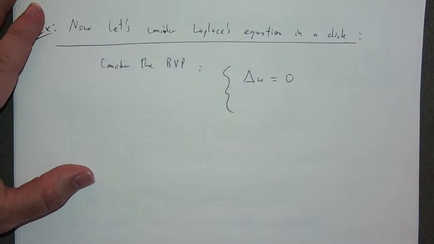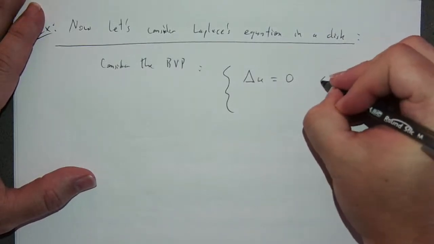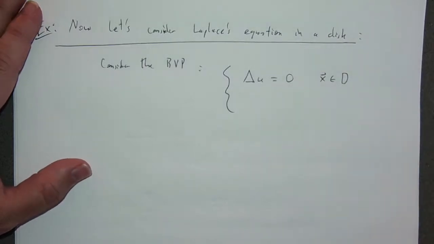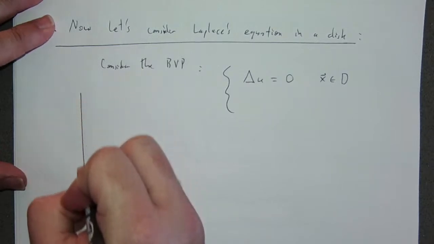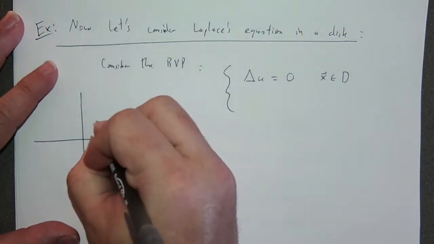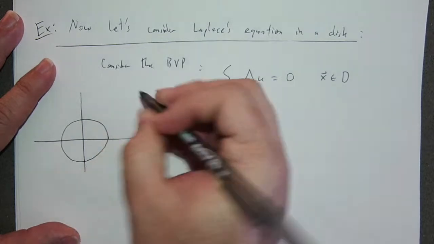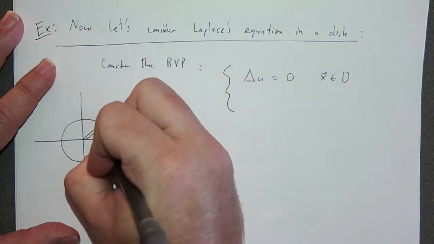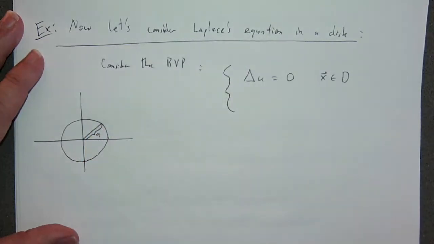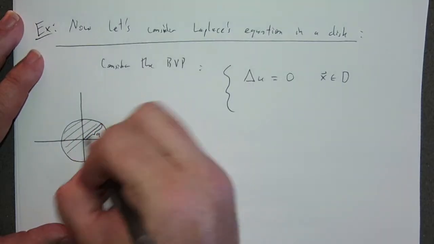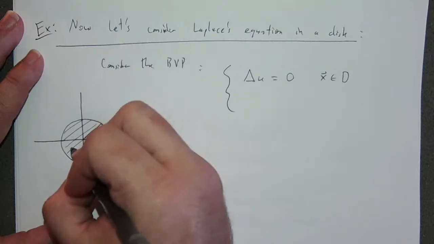Laplacian of u is 0 for x in D, where we might as well make this some disk, say, centered at the origin of radius A. So we'll say this is radius A. And this is the closed disk. This is not just the circle.